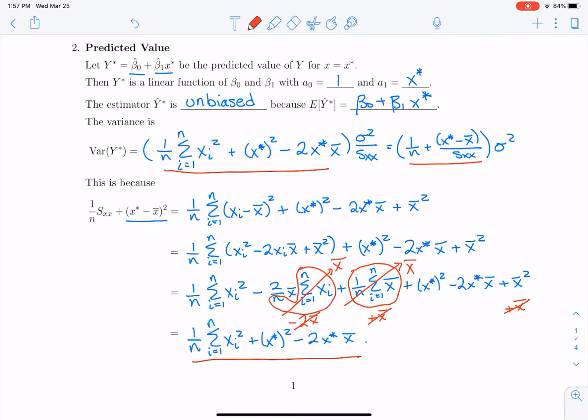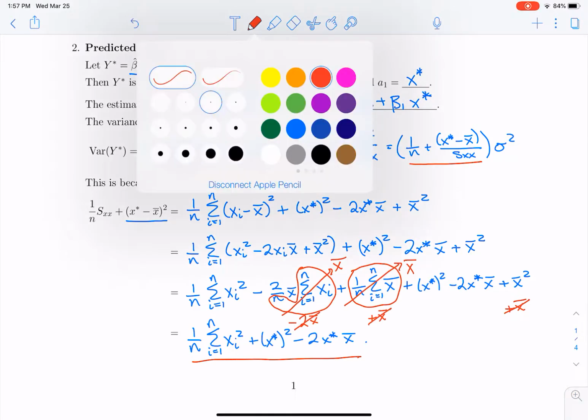Okay, so now we have the variance of y star, and that will help us come up with the confidence interval for the expected value of y star.